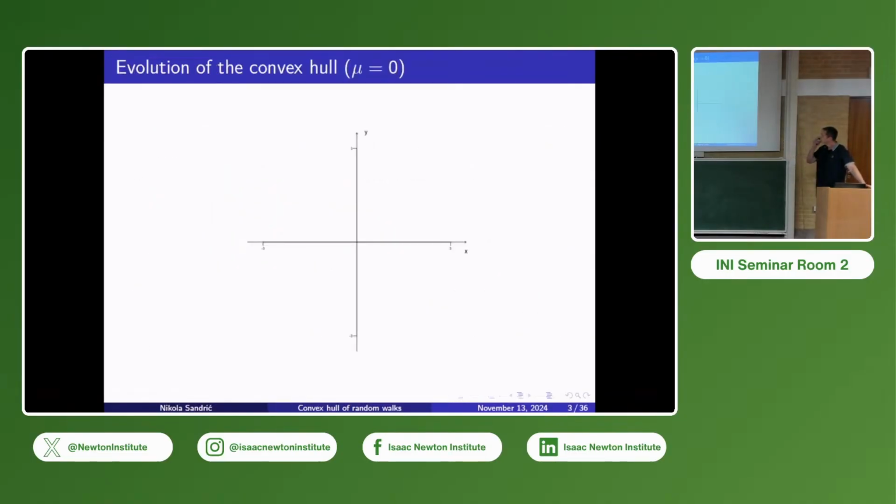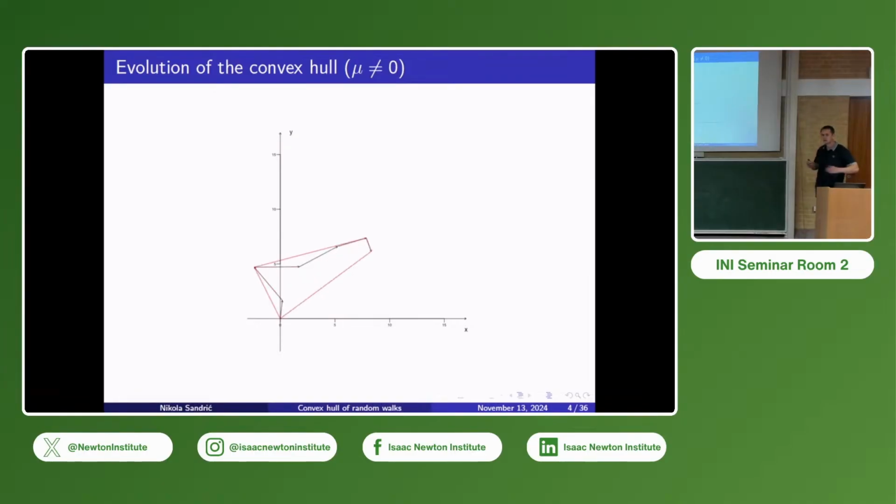And I have two small animations which actually support this intuition. The first one is in the zero drift case. We see how this red thing is a convex hull of the points. It evolves around the center of the state space. On the second animation, we have a random walk with drift, and the drift is (1, 1).